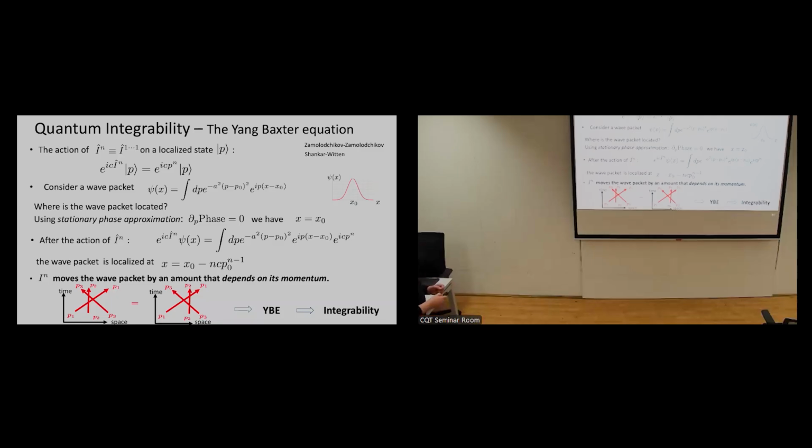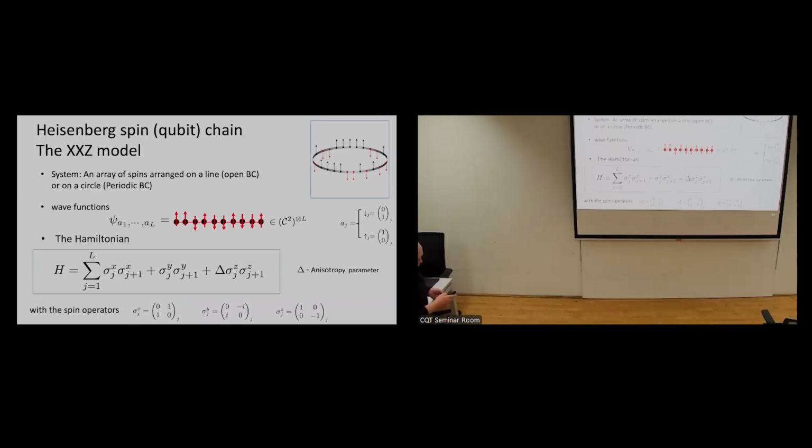And since this is a symmetry operation, I find that the scattering matrices satisfy this Yang-Baxter relationship, which guarantees integrability. So that's how the conservation laws are responsible for integrability. So let us look at typical models and see how it works.